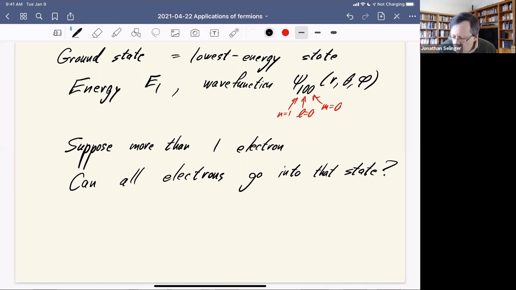If so, then we'd have a pretty simple solution. All the electrons would be in that state, and the total energy would be the number of electrons, Z, times this energy, E1. But that doesn't work. No, the electrons cannot all go into that state because electrons are fermions.